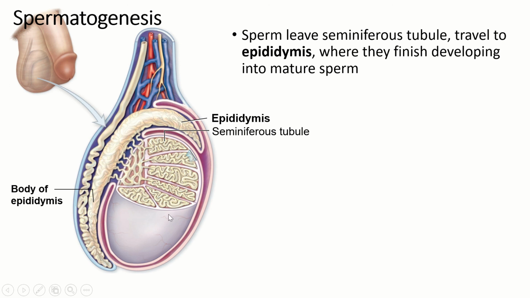So the sperm, once they are done, once they're, excuse me, spermatids, starting to take on that final sperm shape, they leave the seminiferous tubule and they enter this structure called the epididymis.